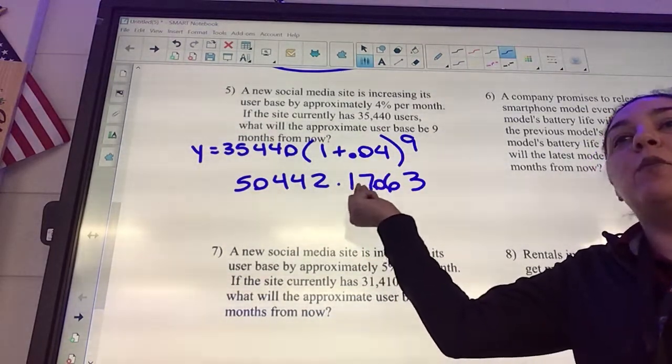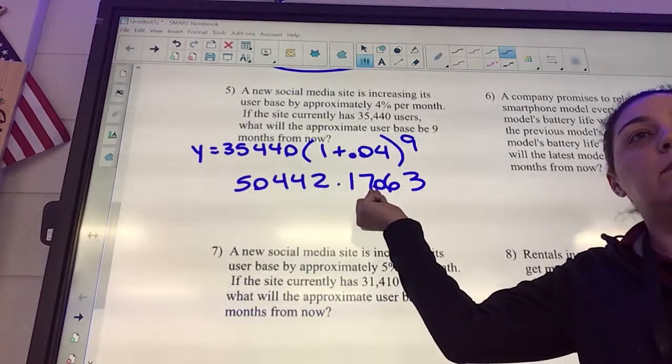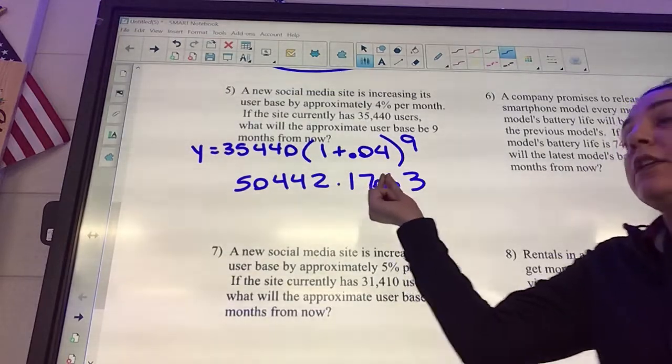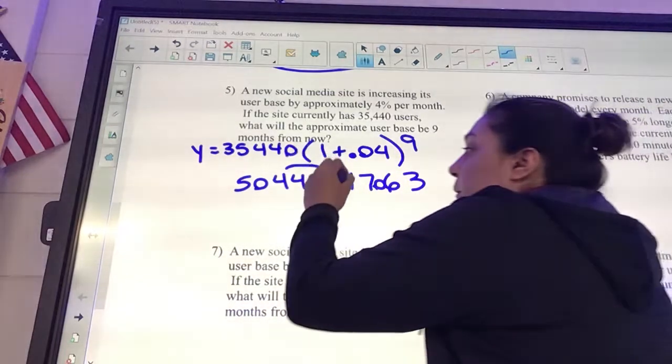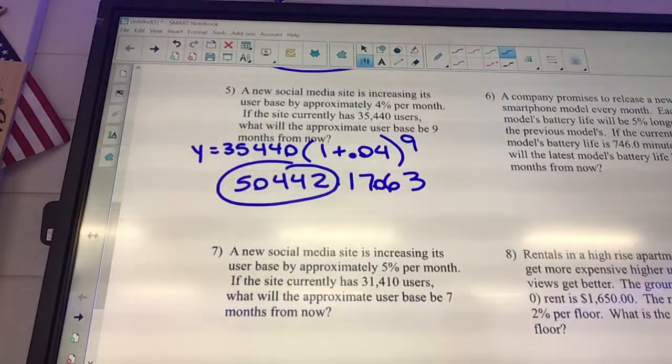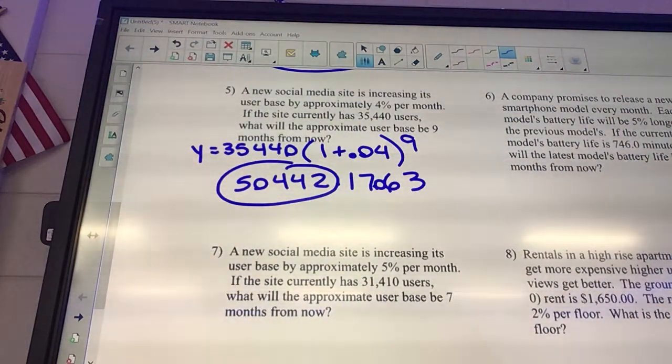Can we have 0.17 of a person? No. So this one is just going to be the whole number, no decimal. We're talking about people, we're talking about users. You can't have 0.17 of a person.